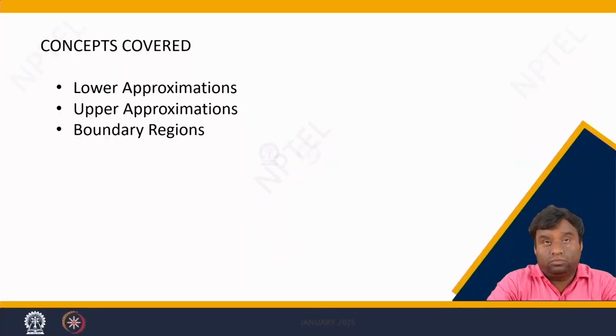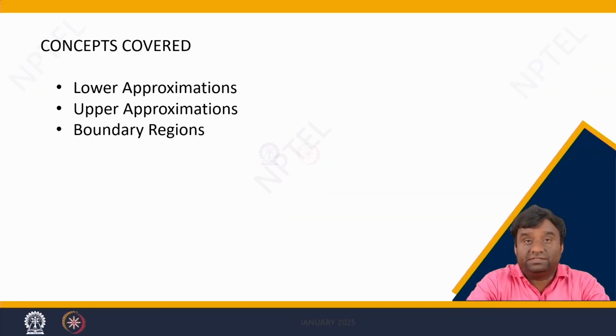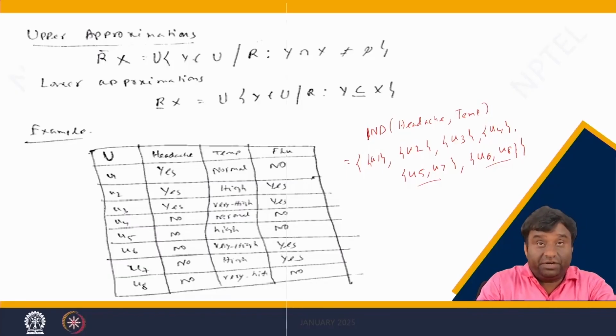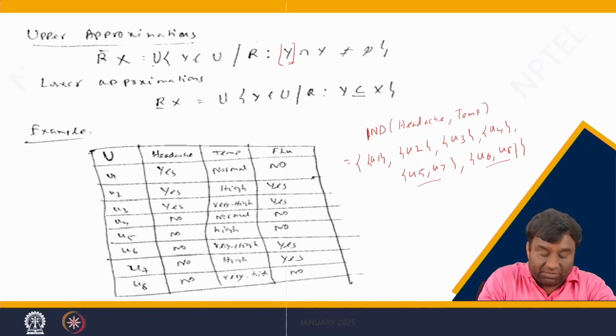Till now, we have covered lower approximations, upper approximations, and boundary regions. The upper approximation is this: suppose X is the target set and R is the set of attributes. If the intersection of the target set and the equivalence class is not equal to phi, that will become the upper approximation.